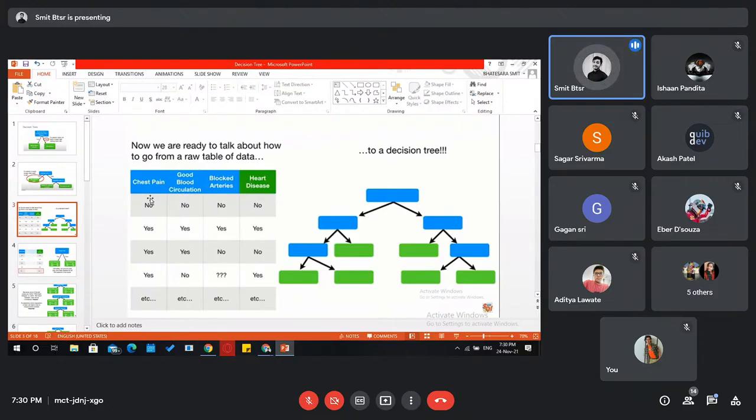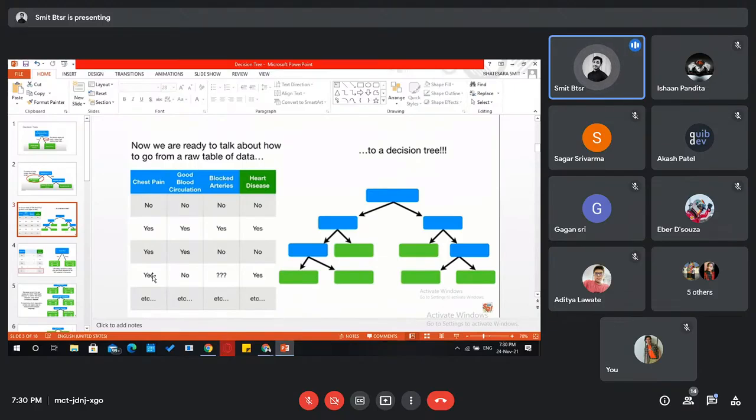Some patients do not have chest pain and do not have heart disease, but someone might have heart disease. Someone has some chest pain but does not have heart disease. Someone might have chest pain and also have heart disease. Chest pain can be caused by multiple things, right?